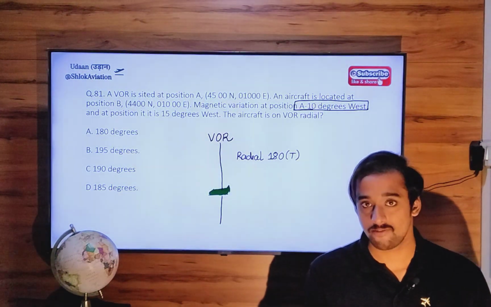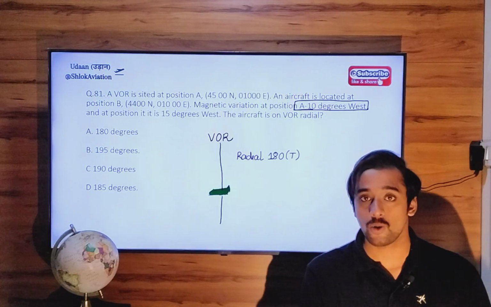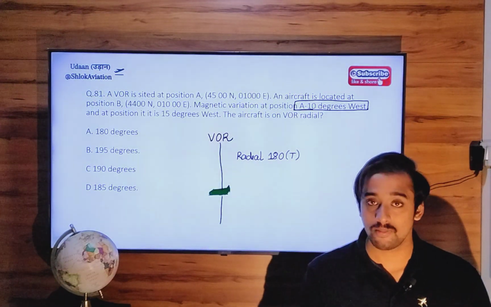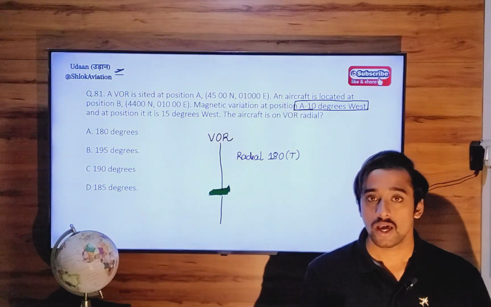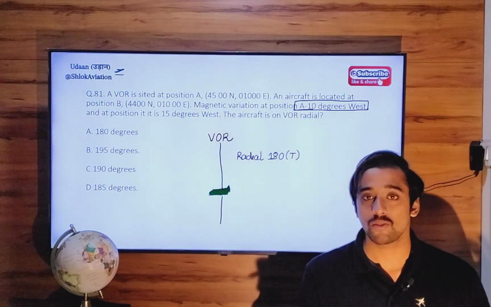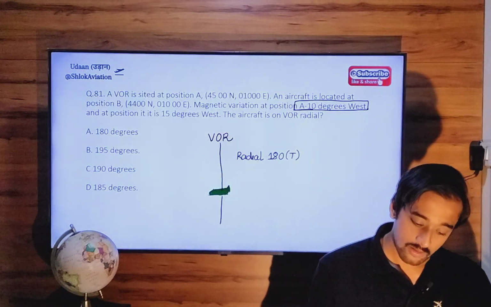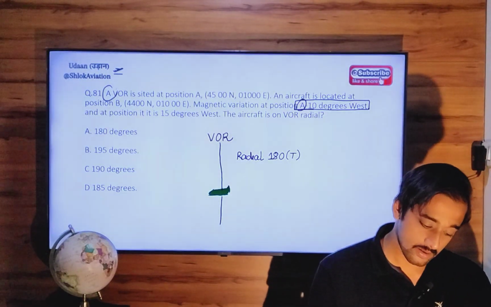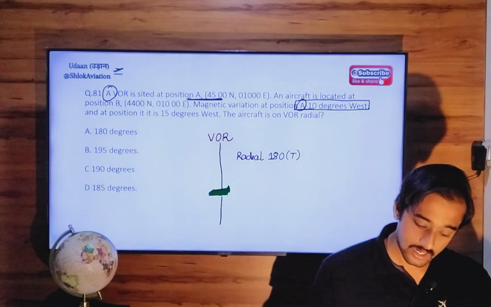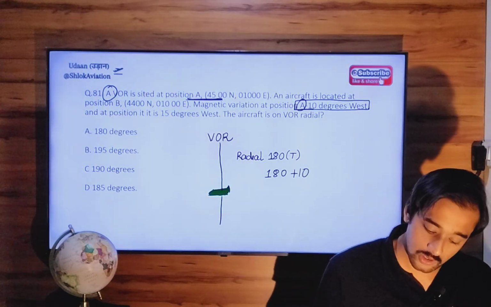Read the question carefully, because you may know that the variation to be used is at VOR station, but if you have not read the question carefully, you may get confused and use the wrong variation. So position A of VOR. Confirm that and then let's apply 180 plus 10 is 190.